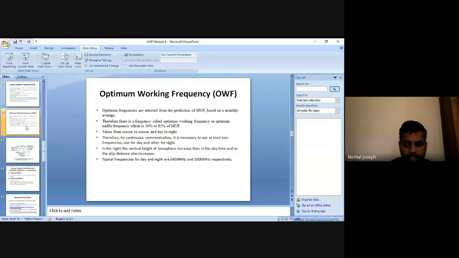So we cannot strictly say that if we have a maximum usable frequency, we can use that all the time, because it depends on the structural changes in the ionosphere. So we have to select an optimum working frequency which we can use for our communication.